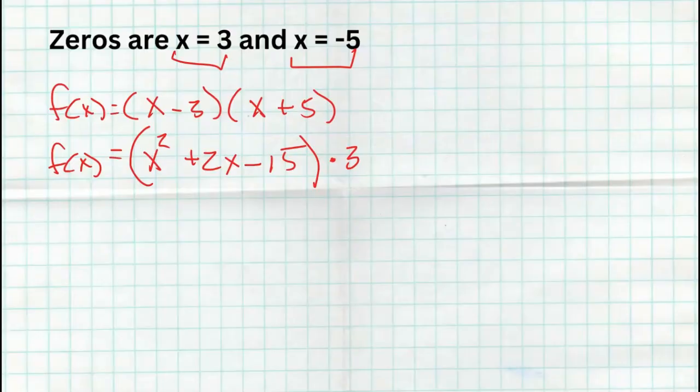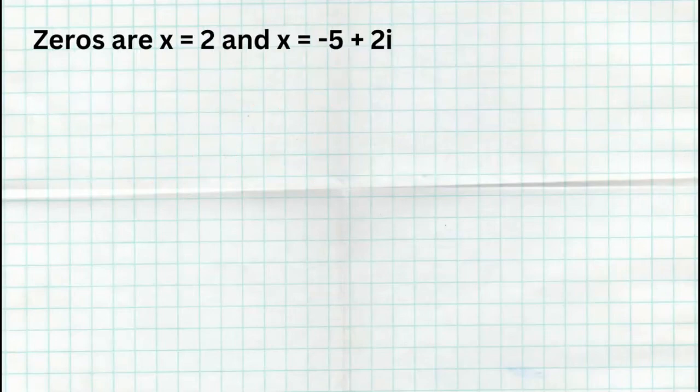It doesn't matter. You can multiply it by any constant you want, and it's going to change your coefficients, but it will not change what these zeros are. So be careful in saying that that's the only polynomial that has those 2 zeros, because it's not. I can multiply everything by a constant and it would make the polynomial different but still have those same 2 zeros. All right, here is another example.